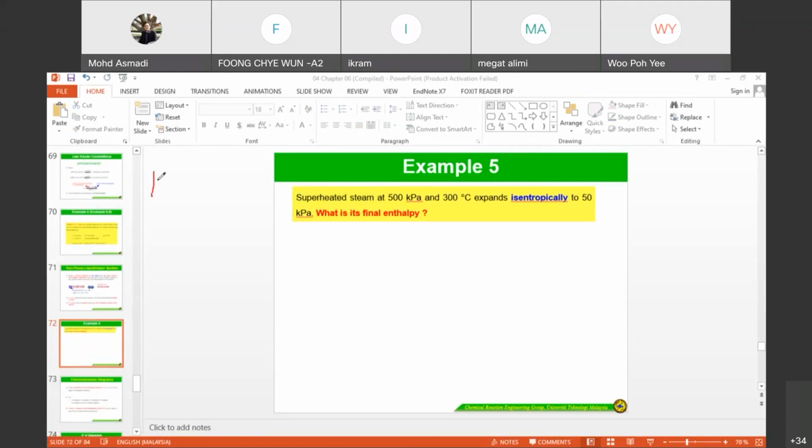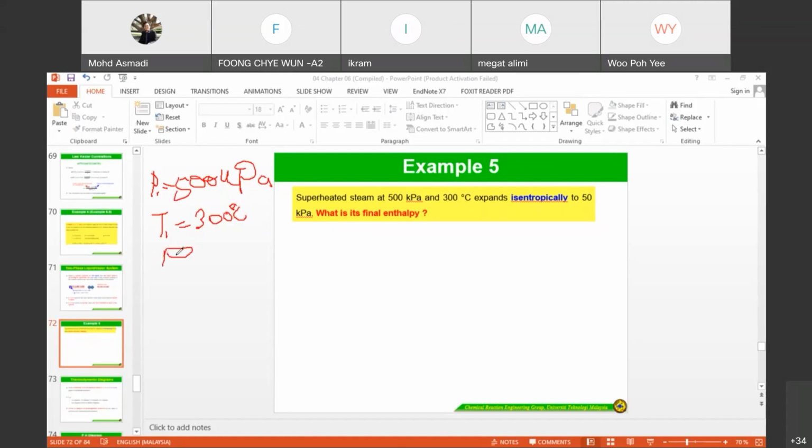P1 is given, P1 is equal to 500 kilopascal, and T1 is equal to 300 degrees C. This one you have to convert to Kelvin. Isentropically.